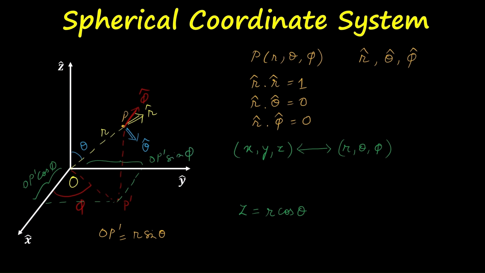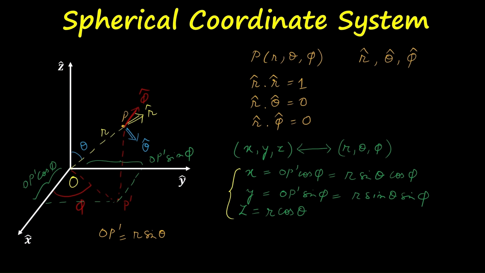So using this relation, we can write x is equal to OP prime cos phi, which is nothing but r sine theta cos phi, since OP prime is r sine theta. Similarly, y is equal to OP prime sine phi, and this is r sine theta sine phi. And this is the relation between the Cartesian coordinate system and the spherical coordinate system.